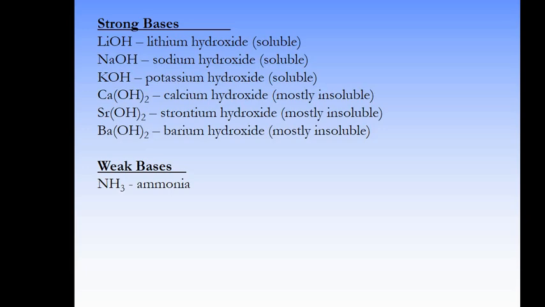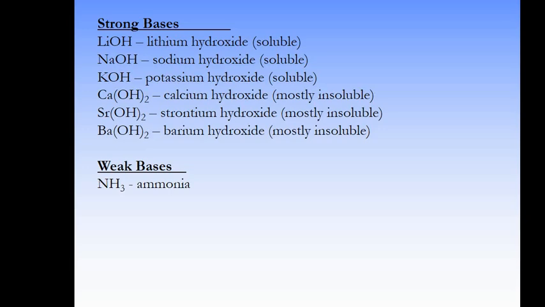You'll also notice that the alkaline earth hydroxides, calcium hydroxide, strontium hydroxide, barium hydroxide, are also strong bases. But there's a difference between these types of bases. The alkali metal hydroxides are soluble, whereas the alkaline earth hydroxides are mostly insoluble. We'll explain that in a bit. But you need to have these memorized, and you should also have ammonia memorized as a weak base.